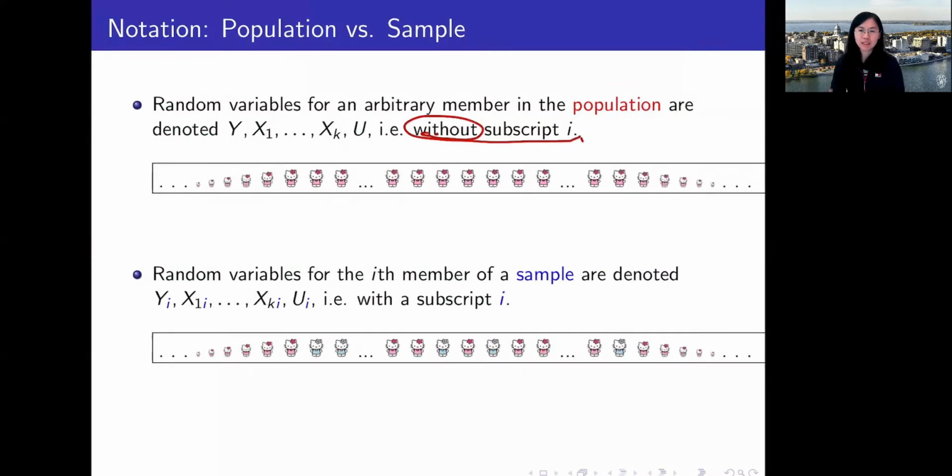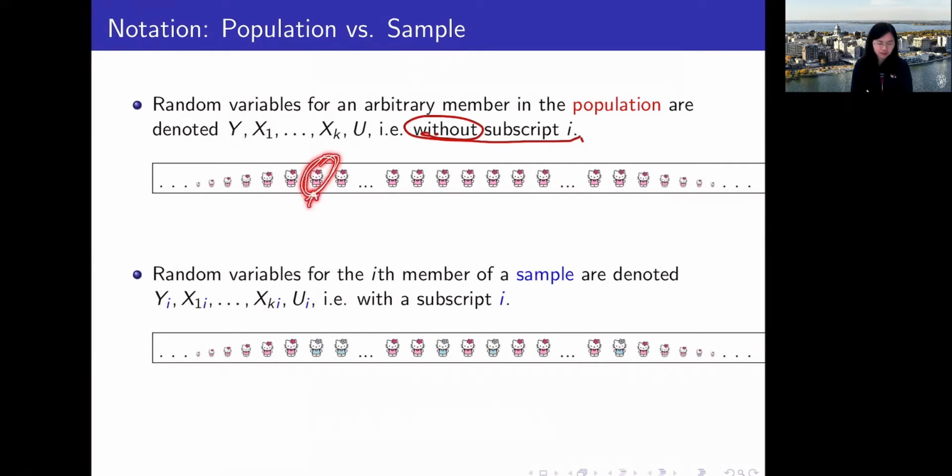We do not attach a number to it. So we describe their characteristics by these random variables without the subscript i. So let's say this is the population of Hello Kitties, and an arbitrary member of the population, say this one, doesn't have a number.